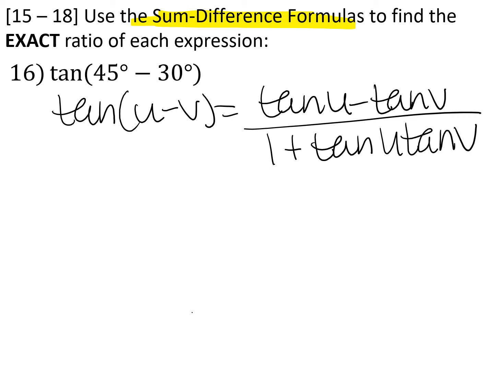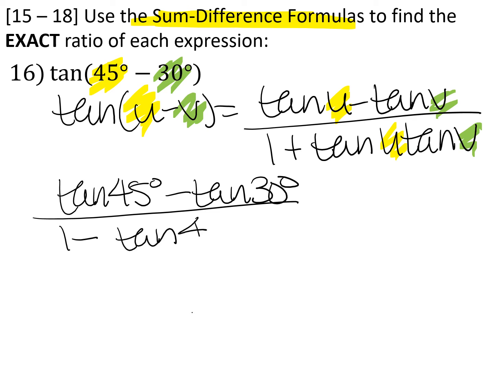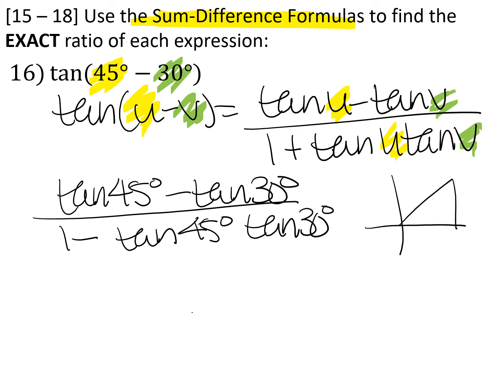I can see that the 45 is going to go where all of the u values are, and the 30 is going to go where all the v values are. So let's plug those in. I'm going to have tangent of 45 degrees minus tangent of 30 degrees over 1 plus tangent of 45 degrees tangent of 30 degrees.